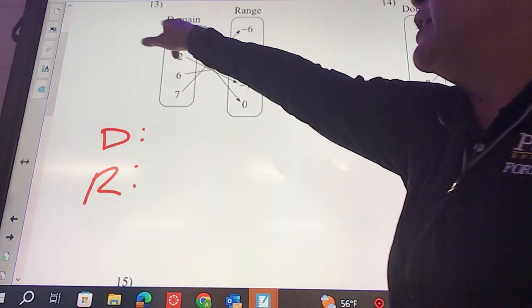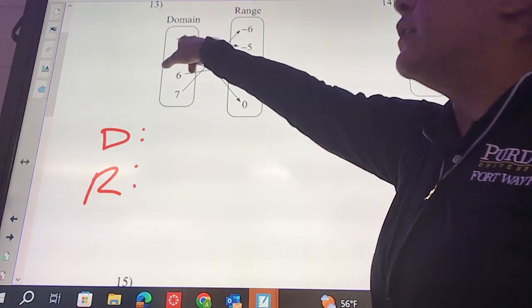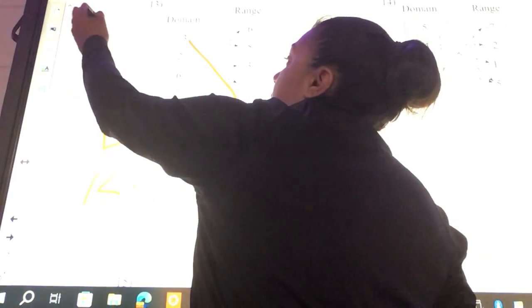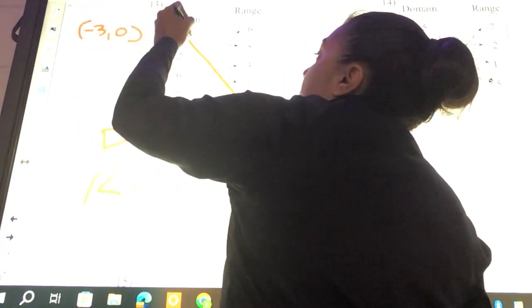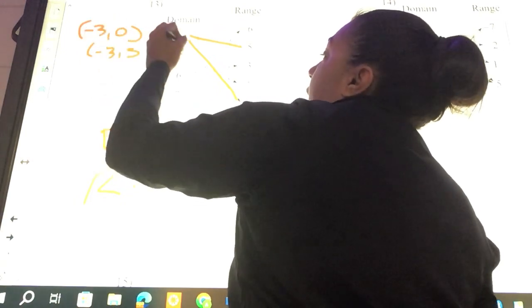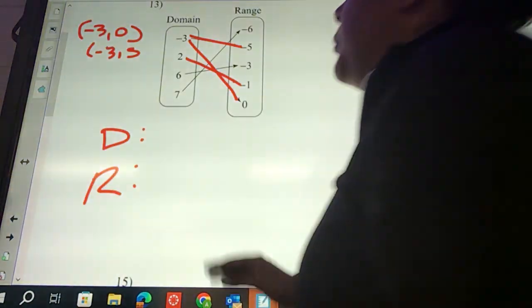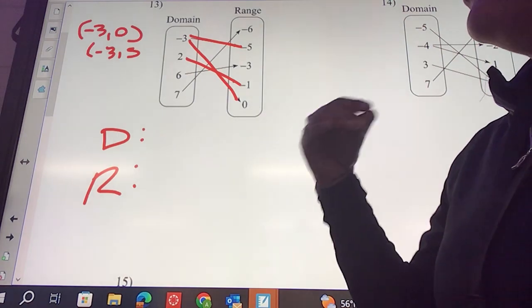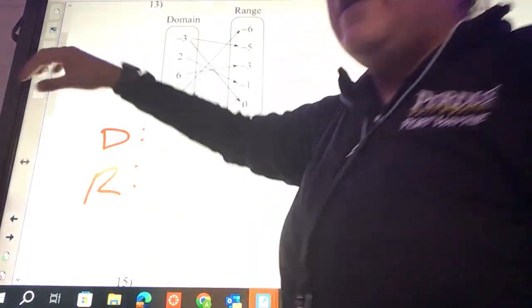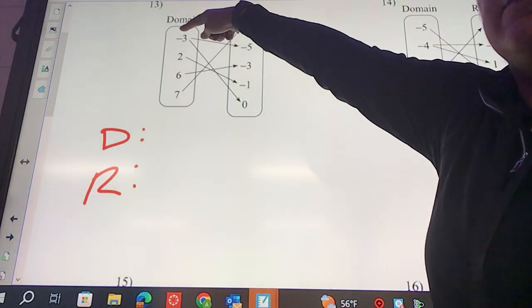The other way to read it is -3 goes to 0. So that would be like this coordinate, -3, 0. -3 also goes to 5. So it'd be -3, 5. You can say 2 goes to 1. And again, if we're looking at functions, that's totally different. Right now, we're just looking at the domain and range.